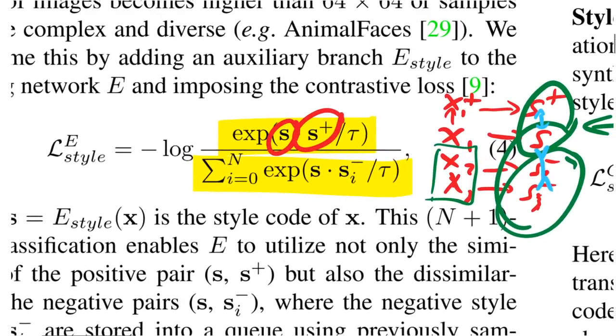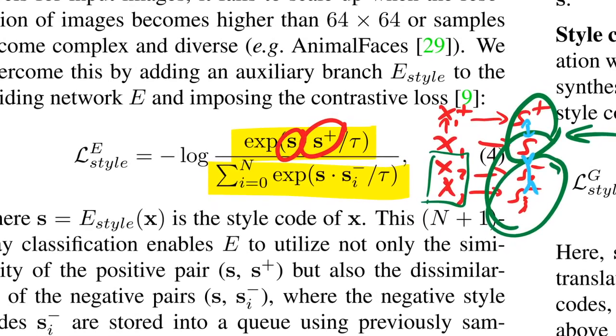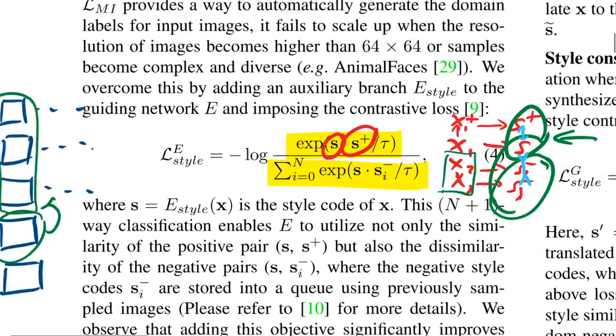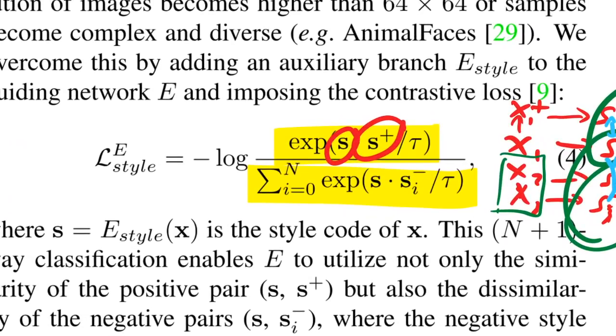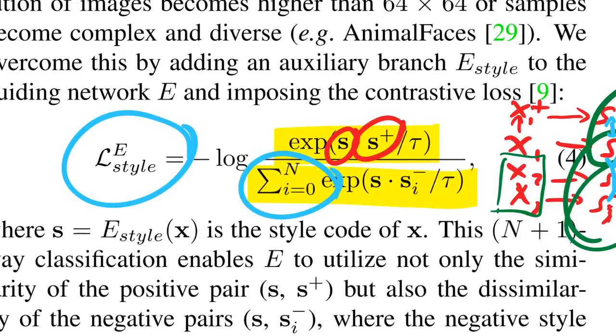So this style loss basically guarantees that you have a distinct style for each image that is robust to the kind of transformations that you do under augmentation. Okay? Specifically, this style loss doesn't care about the domain, right? This is for each image. You don't know if these other images are from the same domain or from different domains.